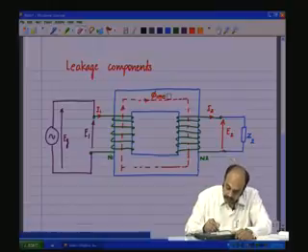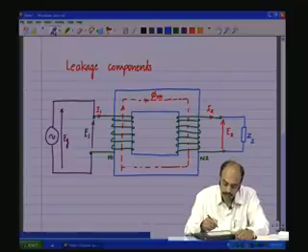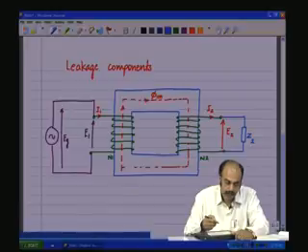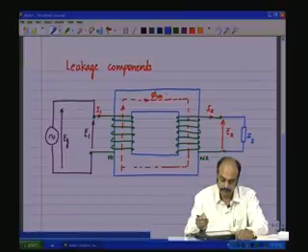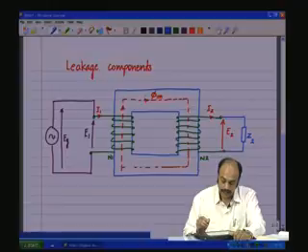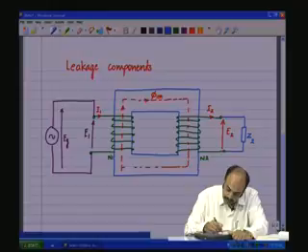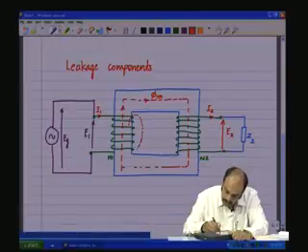So, the fluxes here are now N1 I1 is going to generate phi 1m. This is generated by N1 I1, but there is also a possibility that some of the fluxes just loop back through the air like that.